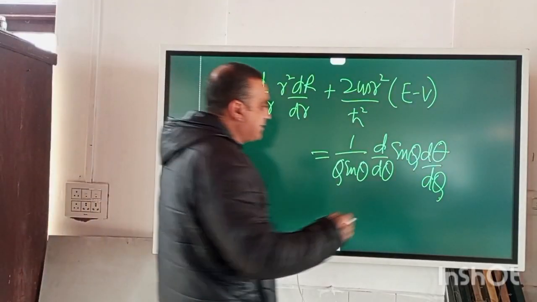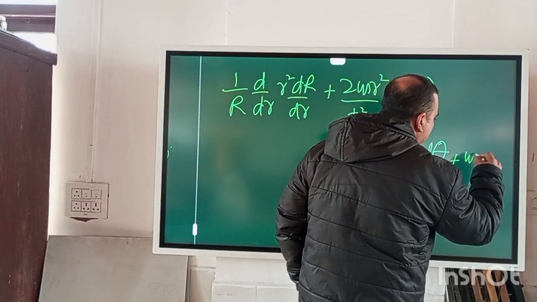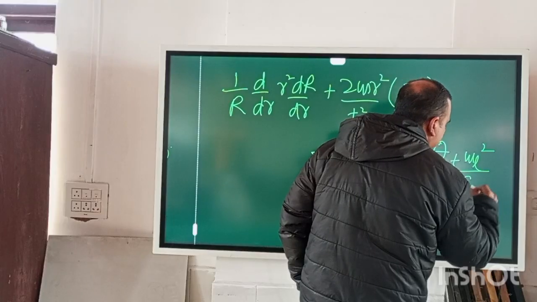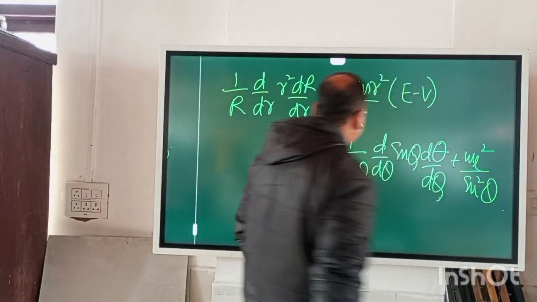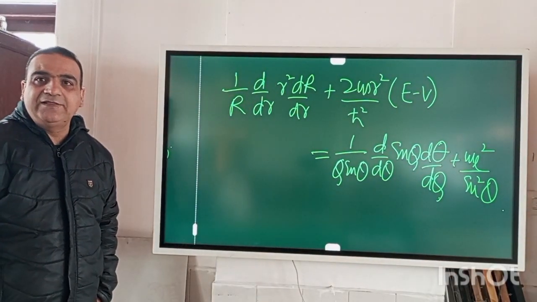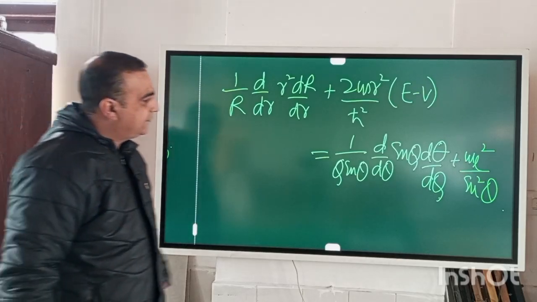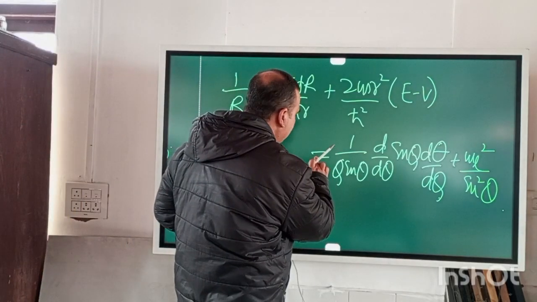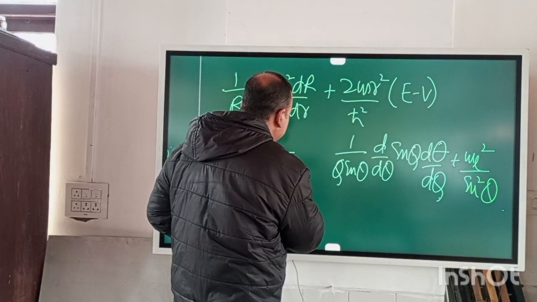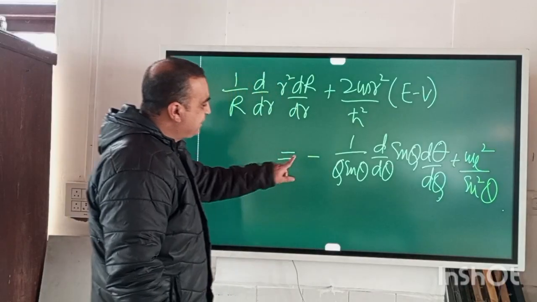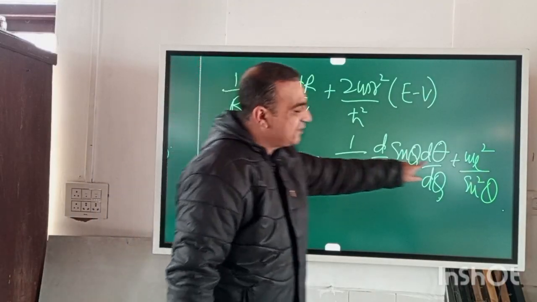That will become plus ml square by sine square theta. Did I leave anything? Minus. This one has to become minus, so if this becomes minus, this will become plus.